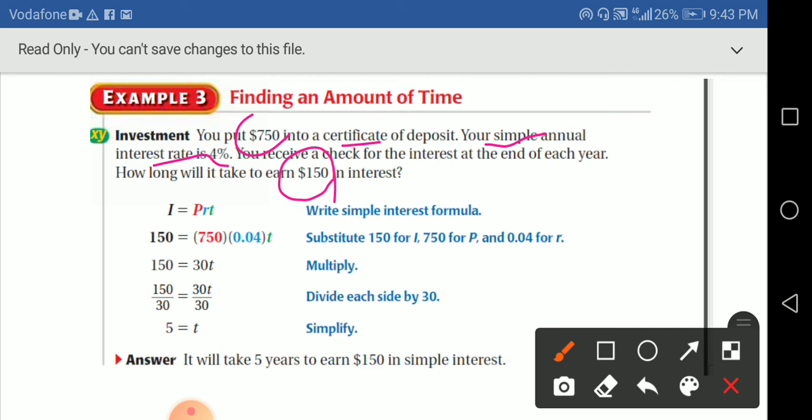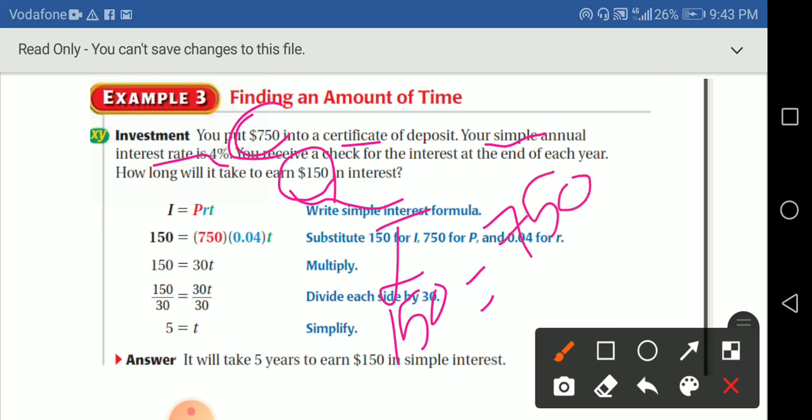Okay, guys, so I have here the interest is 150, and I got the principal, which is here 750, and I have also the rate, which is 4%, and this is very clear in the question. And he asks me for the time.